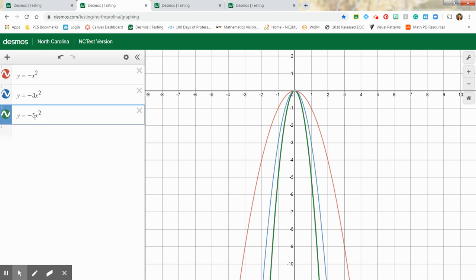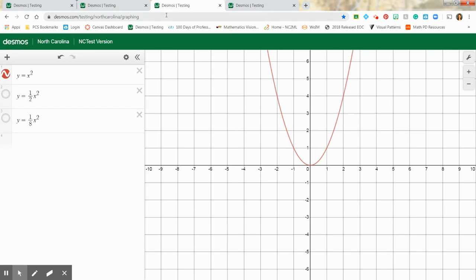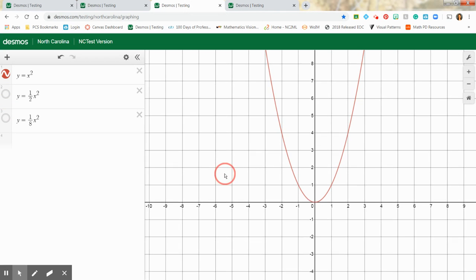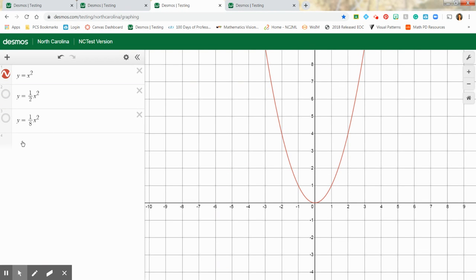Same thing, if I made this negative 5x squared, it's going to be a skinnier parabola and we're getting more negative faster. So it doesn't only happen if it's a positive coefficient. It happens for negative coefficients as well. So this is if I have larger coefficients.